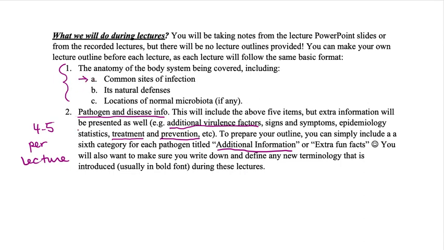What are the anatomical structures that can become infected? What types of host defenses protect that body system from infection? And whether or not there are any microbes present, and if there are any notable microbes that are important as a portion of the normal microbiome, then we'll list that as well.